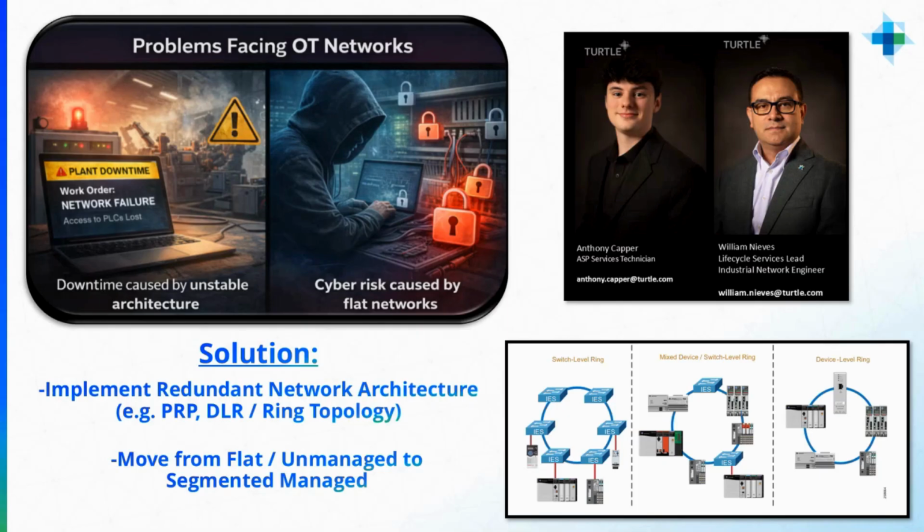So by migrating to segmented architectures with managed industrial switches and implementing redundant topologies like PRP and DLR, device level ring, organizations can create a deterministic communication path, gain network visibility and control, prioritize critical assets, and significantly improve reliability and cybersecurity across their OT infrastructure.